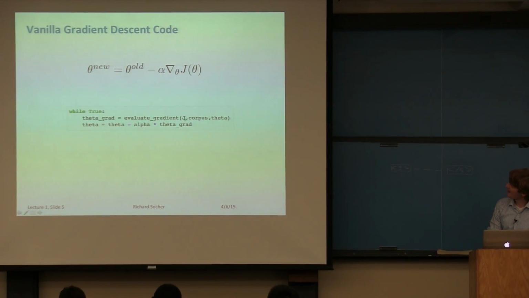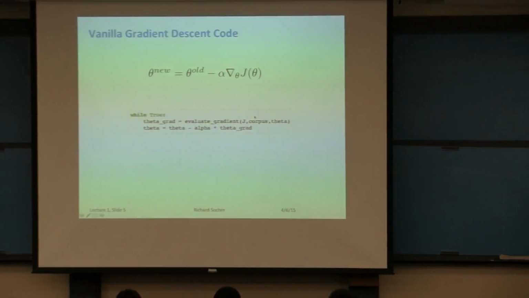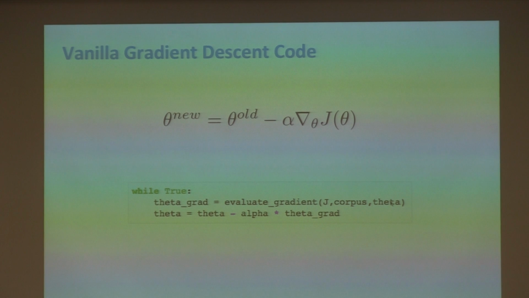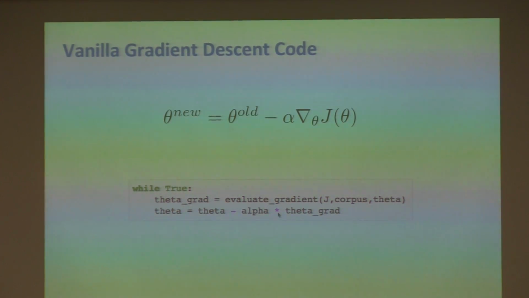We have a specific abstract function J for a specific corpus here, and our current estimates of theta. And then we update theta with this simple line. And something along exactly that line you would probably want to see in your first problem set.